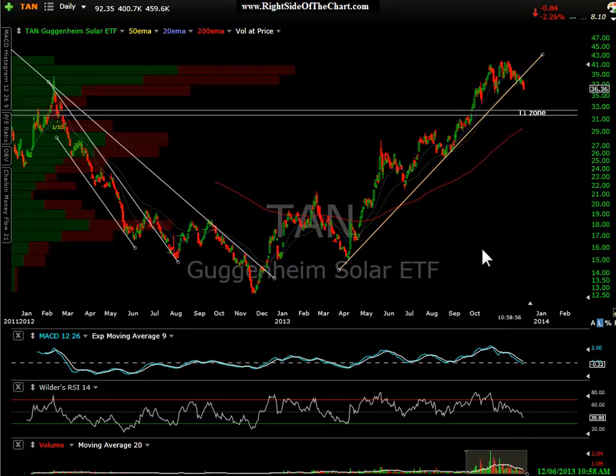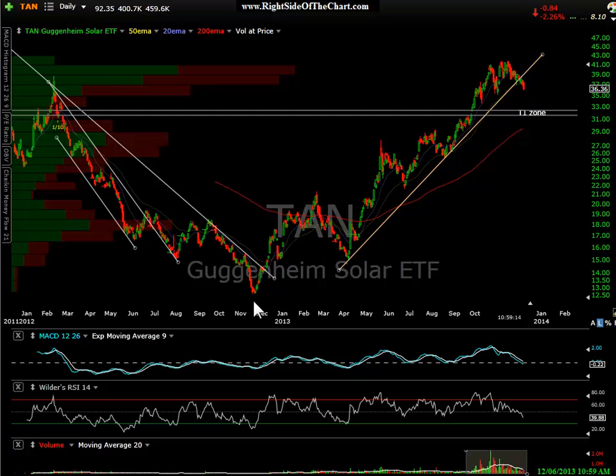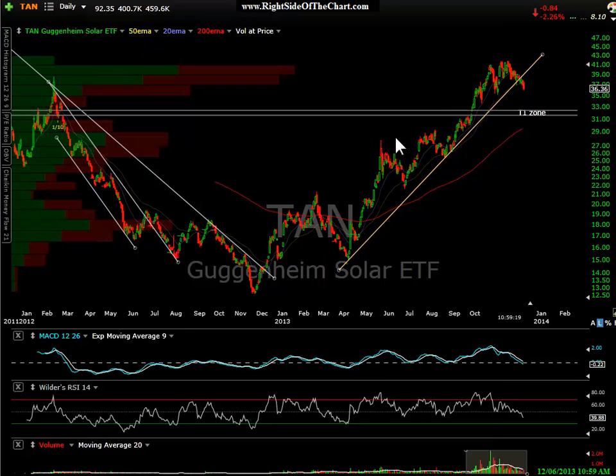A buying climax is something that you will see after an extended run. As you can see here, we're looking at the ETF. These aren't any individual names, which have much higher returns, a lot of the individual stocks, but the ETF itself went from about $12.50 in the last year all the way up to the $42 area. So quite the run there.